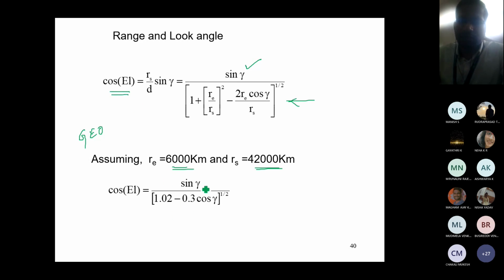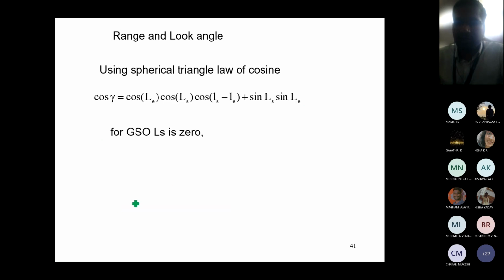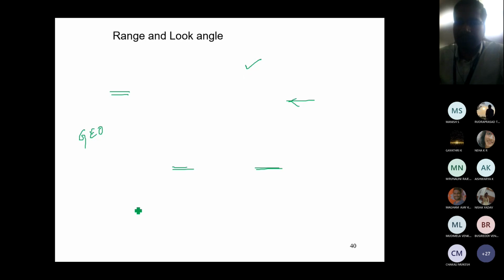So what is unknown? Only unknown is gamma. If I can find out the value of gamma, then only I will be able to obtain the value of cos elevation. So my objective is to find out the gamma value. Once gamma is obtained, use the value of gamma in this equation and you can find out cos elevation.